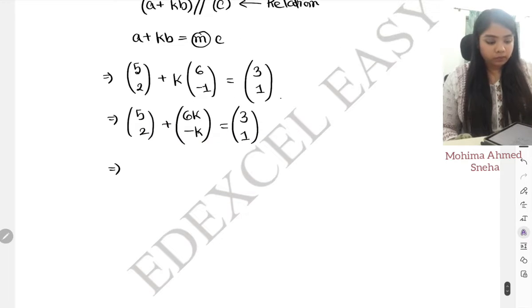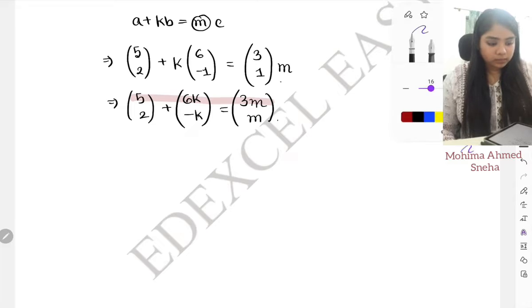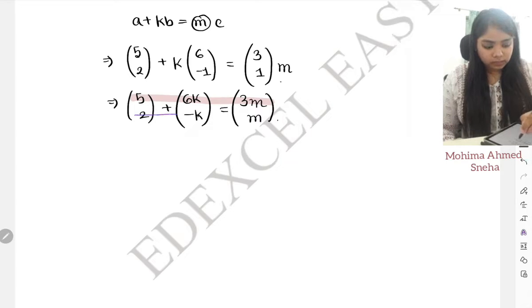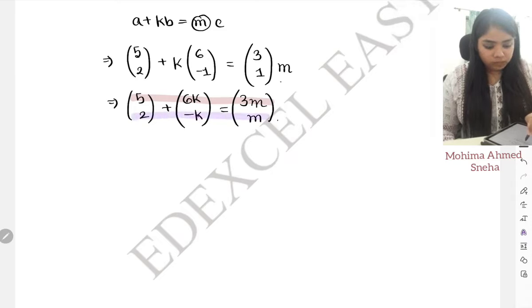Okay, another thing that I should have written over here is m multiplied to this. So the next line it would look like 3m with m over here in the bottom column on the right hand side, right? So what again this indicates is this. I'll just highlight the part. These first columns are all equal and the second columns are all equal, right?